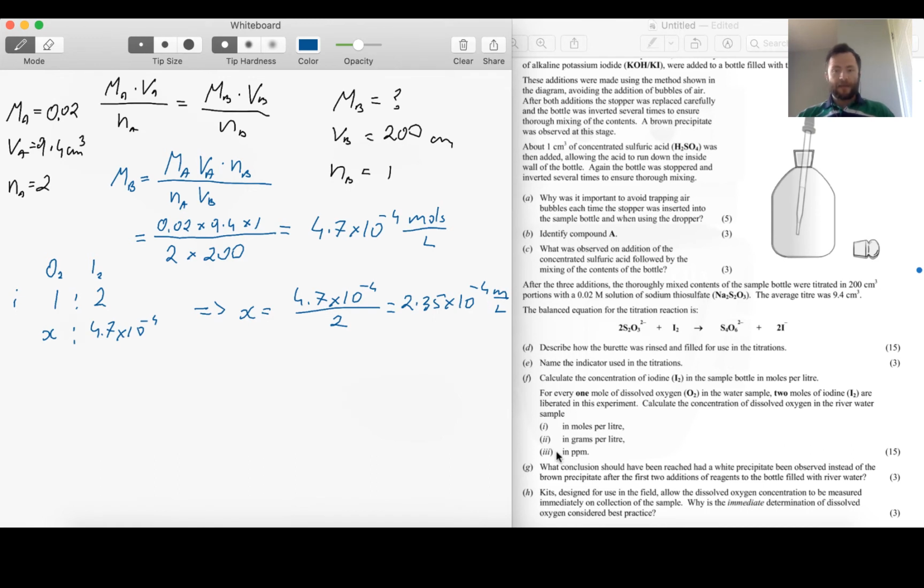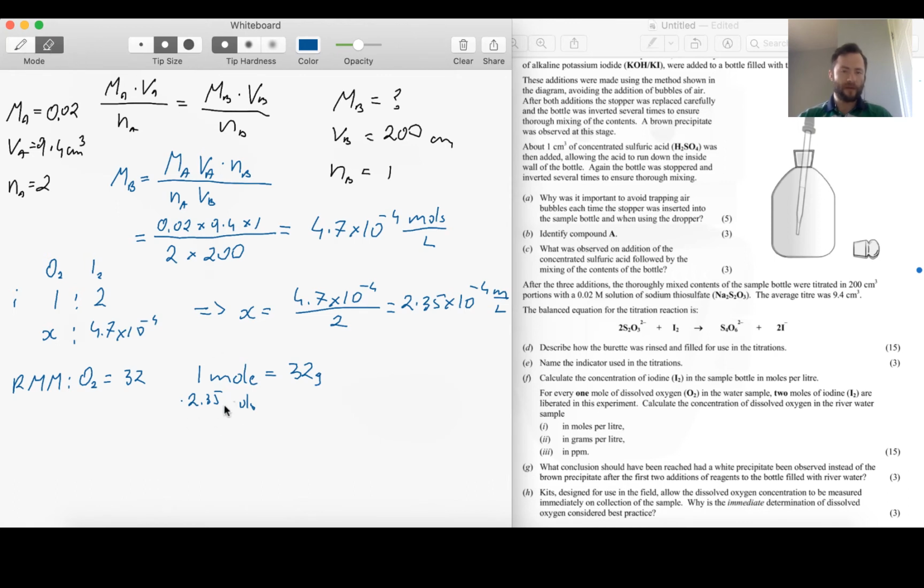Then the next part is in grams per liter. Now I know that relative molecular mass of O2 is equal to 32. So I know that 1 mole weighs 32 grams. So the question is, how much does 2.35, sorry, not 2.35, but rather 2.35 times 10 to minus 4 moles weigh? Equals x.